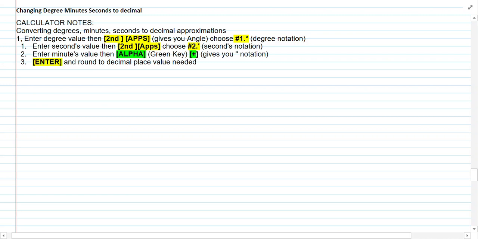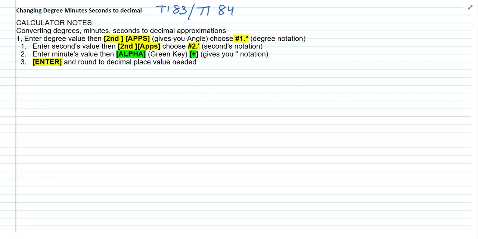Because I required the TI 83 or TI 84, if you have an Inspire, you have to use your menu bar to find what I'm talking about in the trig section, and you'll Google that if you need to. Converting degrees, minutes, seconds to decimal approximations. So in this case, we're converting into a measurement.